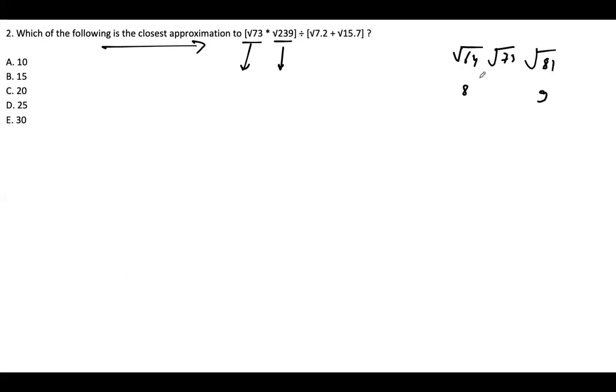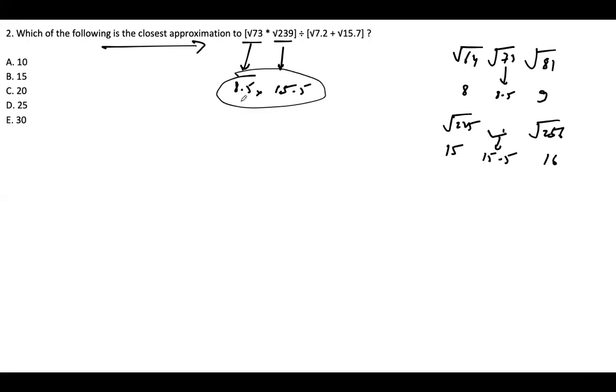So under root of 73 would be somewhere between 8 and 9, let's say 8.5. Similarly, under root of 239: under root of 225 is 15, under root of 256 is 16, so this will be 15.5.